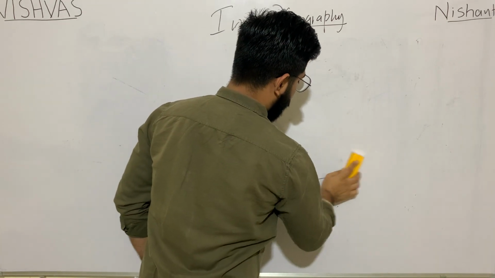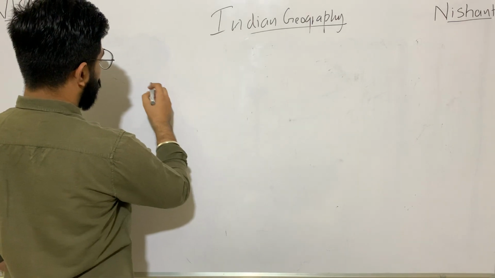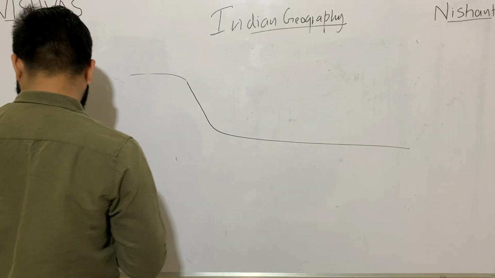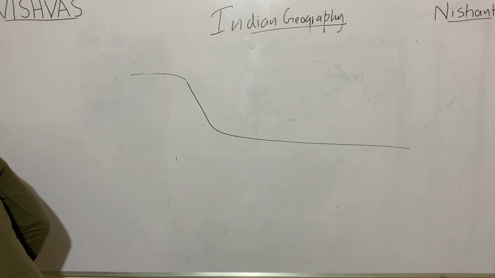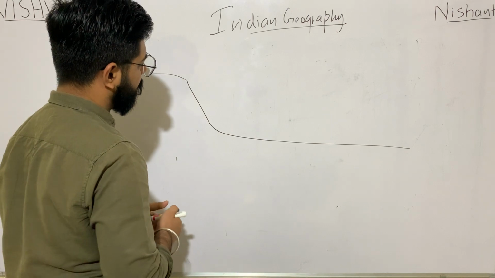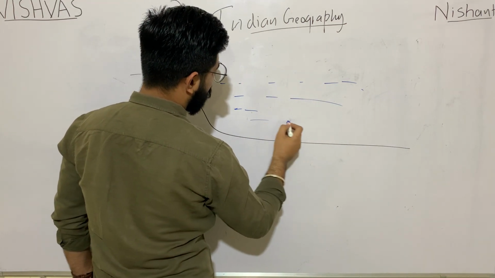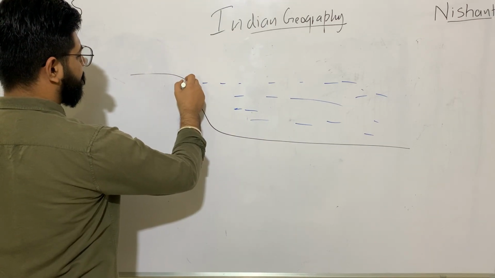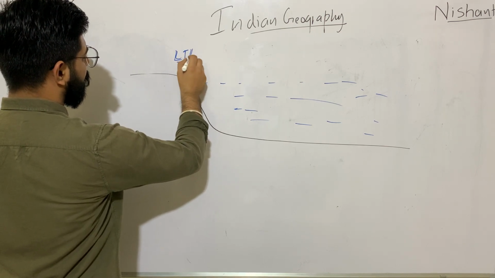is further divided. Say this is the low tide line, LTL.